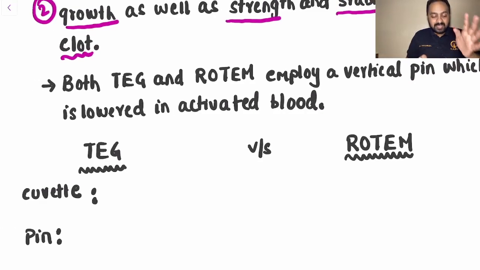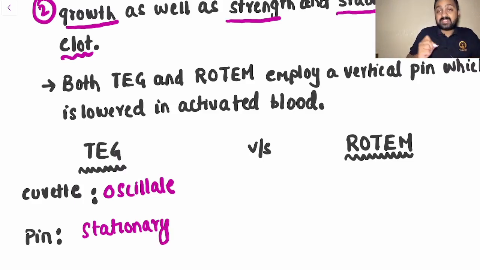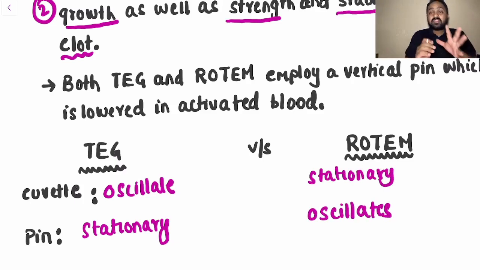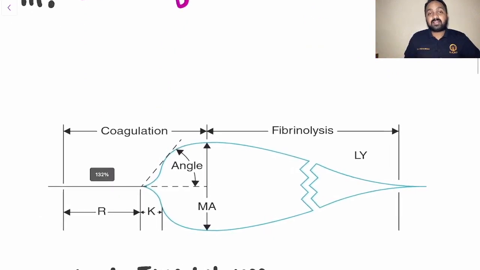In a TEG the cuvette is oscillatory and the pin is stationary, whereas in ROTEM it is the opposite: the cuvette is stationary and the pin oscillates. This is one of the basic differences between TEG and ROTEM, which I would like you all to remember. Now the tracing of a TEG is something like this.